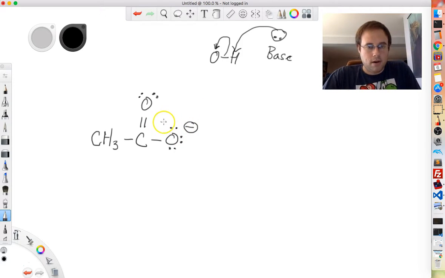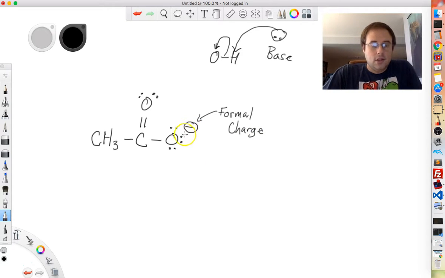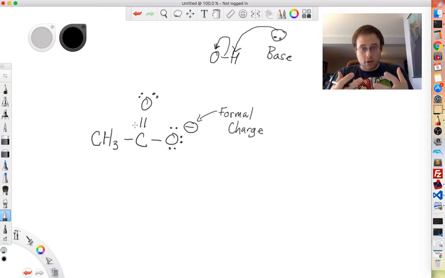So what happens here? Instead of this oxygen containing the full formal charge, remember that a charge is really a representation of electron density. If I have a negative formal charge, it means there's extra electron density. If I have a positive formal charge, it's an absence of electron density that should be present there.